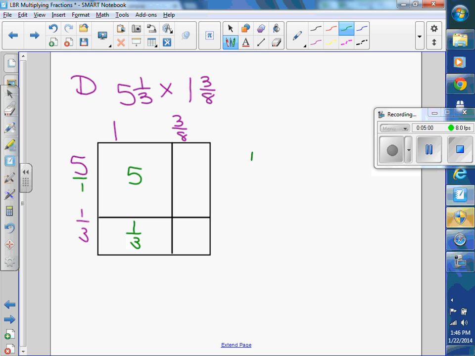So while he's doing that, if you need to see what he's doing in his head, he's doing this to get 15/8, so 1 and 7/8, because 15/8 is, 8 goes into 15 once, and the remainder is 7. 3/8 times 1/3. 3/8 times 1/3.